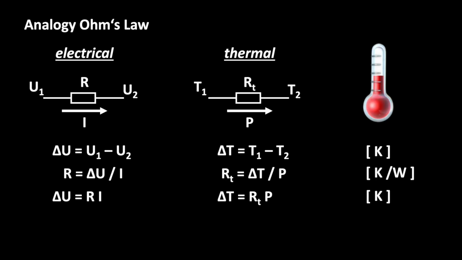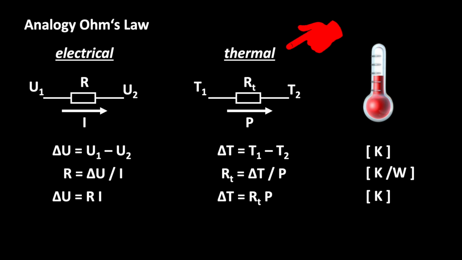Now we consider a thermal resistor RT. This could be a wall or a window. The inside temperature is T1 and the outside temperature is T2. If the temperatures are different, then a heat flow P flows through the thermal resistance RT. And it becomes bigger if the temperature difference is higher.